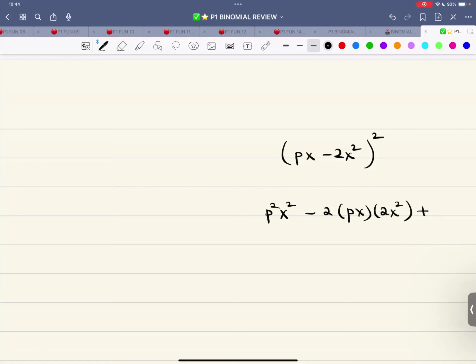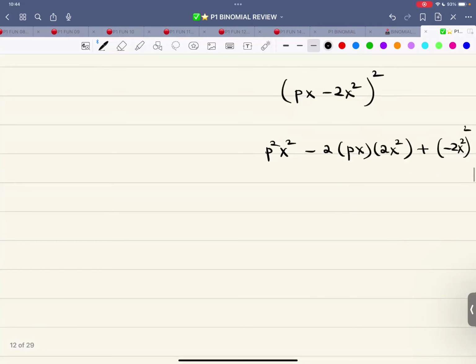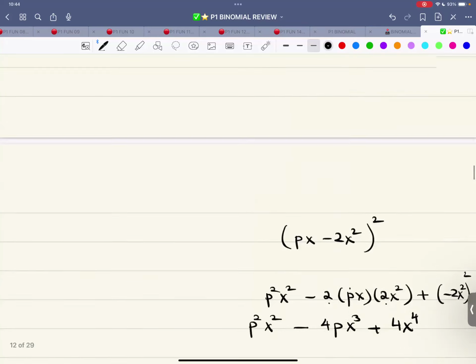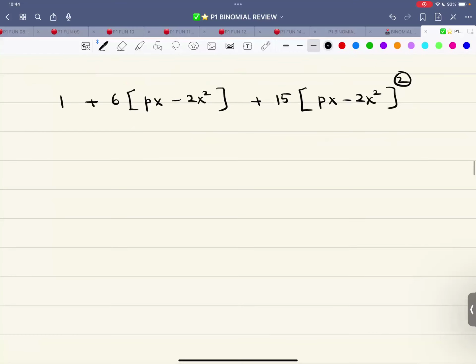And the last one is negative 2x square, squared. A minus b whole square. P square x square minus 2 into 2, 4 into p, that is 4px cube, and this is positive 4x power 4.